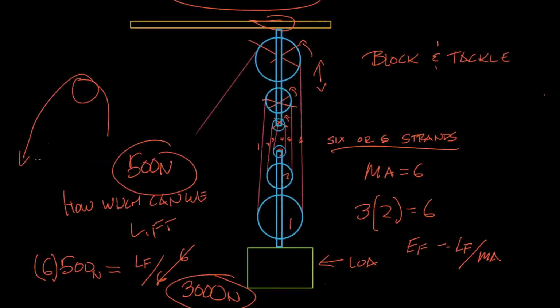If you have something turning at the same rate, very slowly winding up the string, it's going to go up at the same rate here as it winds up here. But in this system, because it's going through all these different things, the load will lift more slowly if it's moving at the same rate as it was over here. I hope that helps.